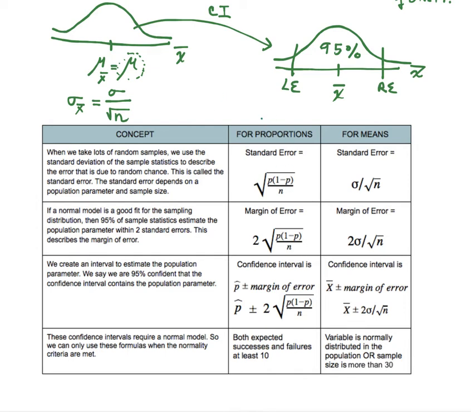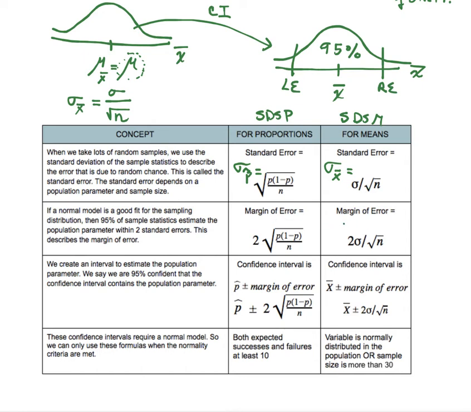Our standard error in the sampling distribution of sample proportions, we abbreviated sigma p hat, and this was our formula, square root PQ over N. Now, in the sampling distribution of sample means, the standard error is abbreviated sigma x bar, and this is our formula, sigma over the square root of n.